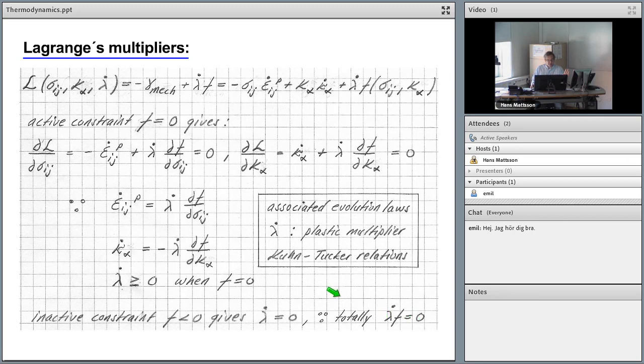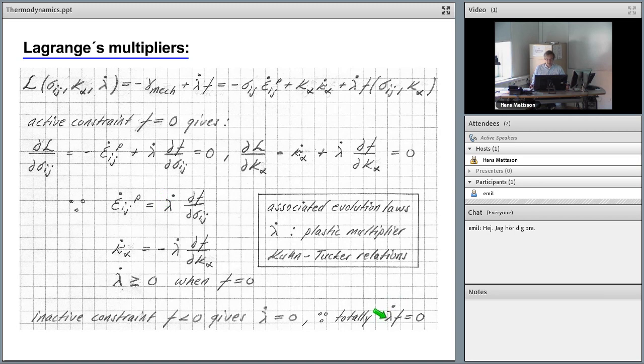Since we have this in the flow rule, we have this Lagrange multiplier as our plastic multiplier in the flow rule, so that's why the Lagrange multiplier becomes the plastic multiplier.